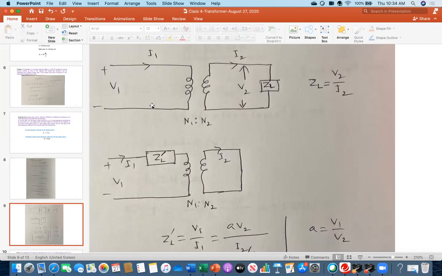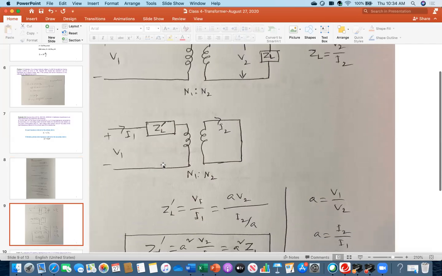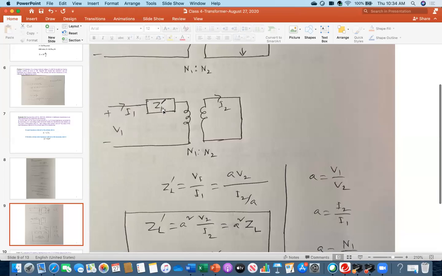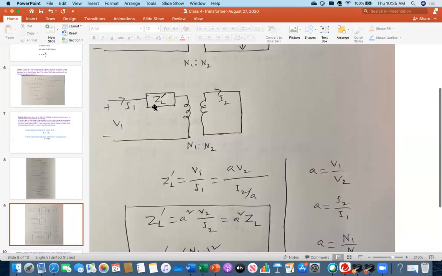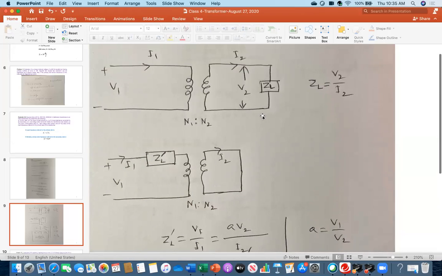I have transferred it here. Now the question is, what should be the value of that? Because I have placed it on the primary side, I can say that ZL prime is V1 over I1. It is related to my initial voltage and current. This ZL was located here, and I transferred it here.